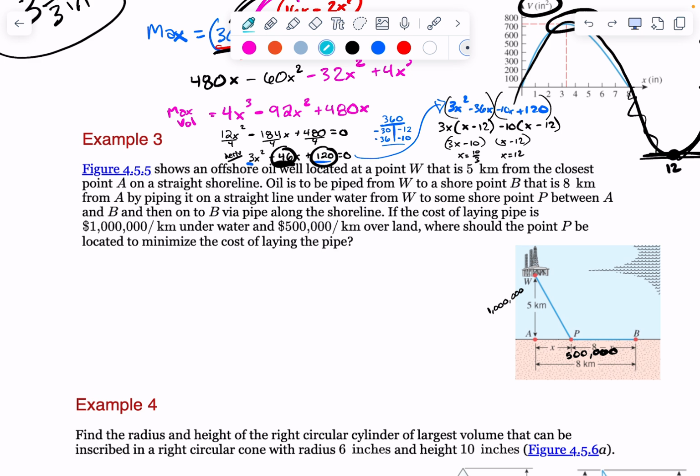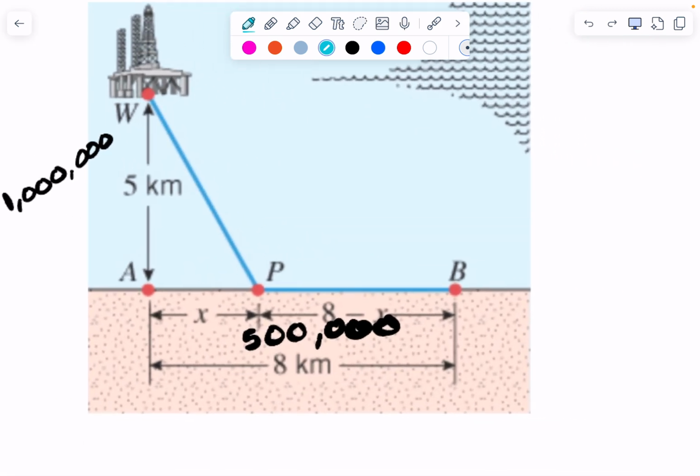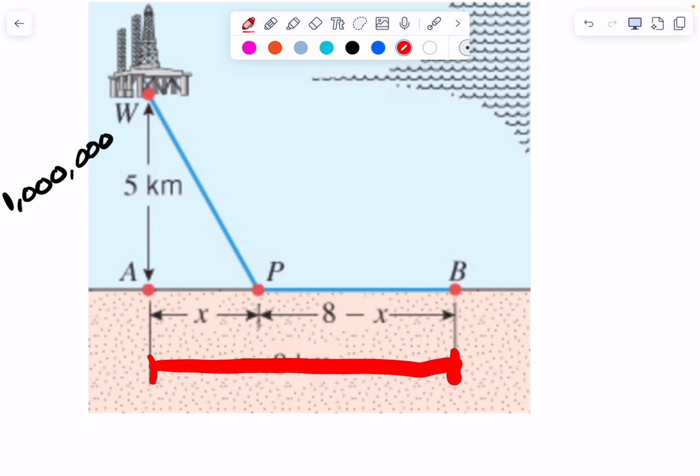Okay, where should point P be to minimize the cost of laying pipe? No, because there's no angles going on here. I don't think. Okay, so the deal here is that this whole thing is 8 kilometers.